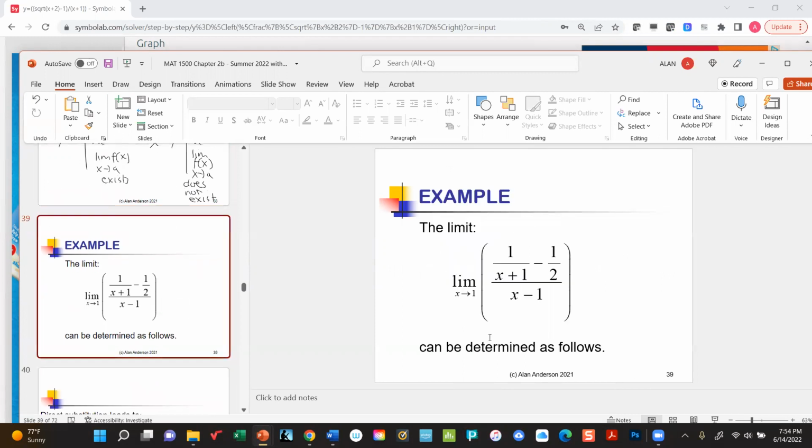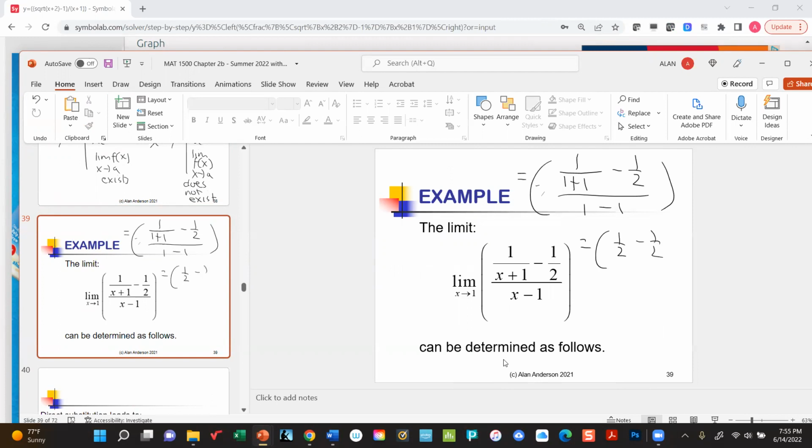Anyway, so here's another one. Oh my God, look at this one. So once again, if you plug in 1 for all the x's, another 0 over 0.